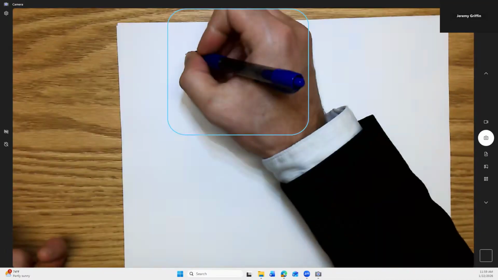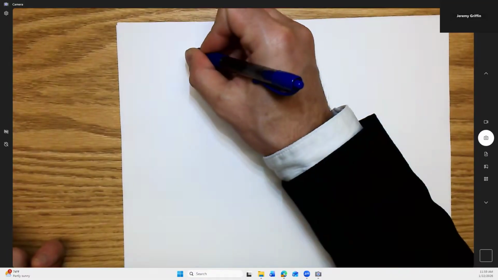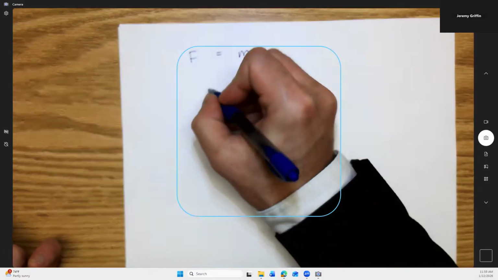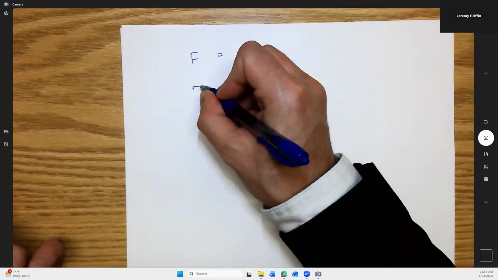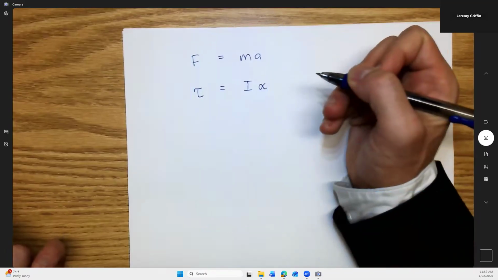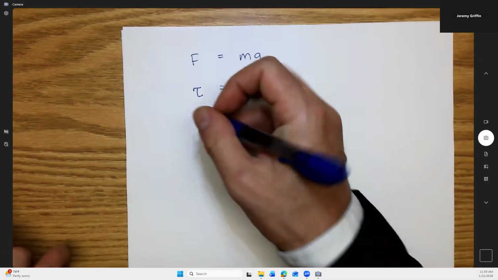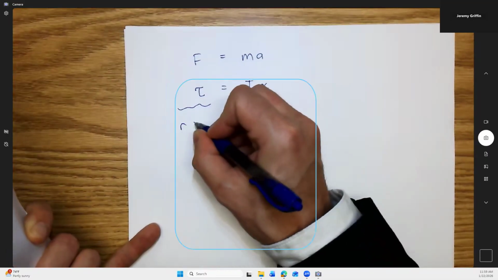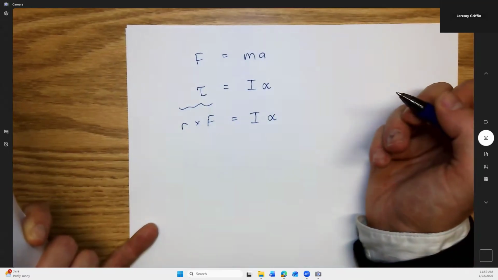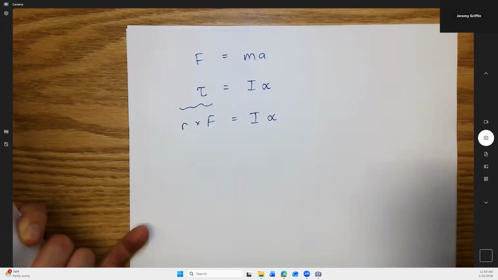Guys, what's the regular version of Newton's second law? F equals ma. Some version of that. Now, guys, what's the rotational equivalent of that? Tau equals I alpha. Right. And torque is R cross F. So you could do R cross F equals I alpha. Can you do that? Yeah, we did.